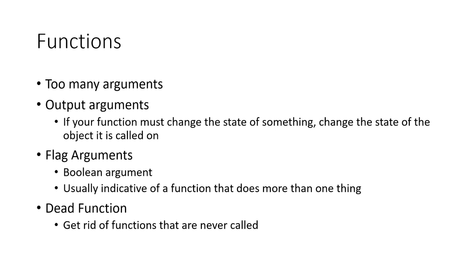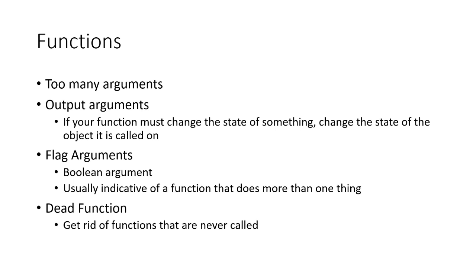So as he writes in the book, if your function must change the state of something, change the state of the object it is called on. Don't change the state of an object that's being passed into the function. Because if you build an object, pass it into a function, you can maybe set stuff or operate on that input.